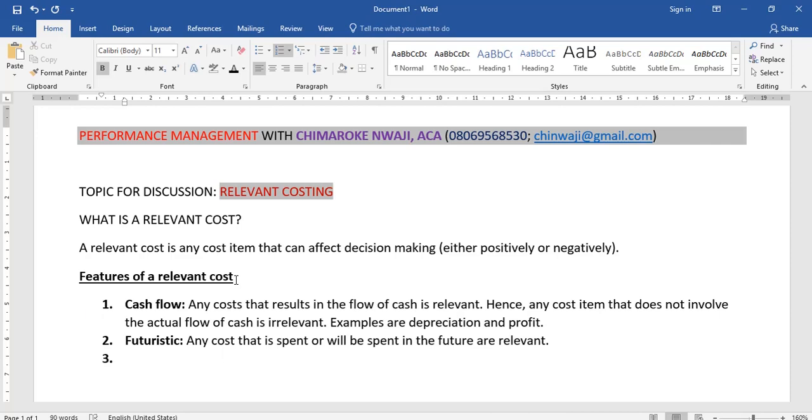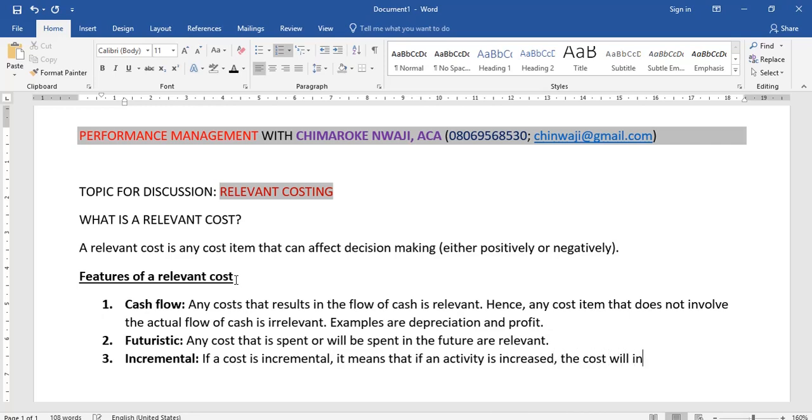Then the next one is incremental. If a cost is incremental, it means that if an activity is increased, the cost will increase also.